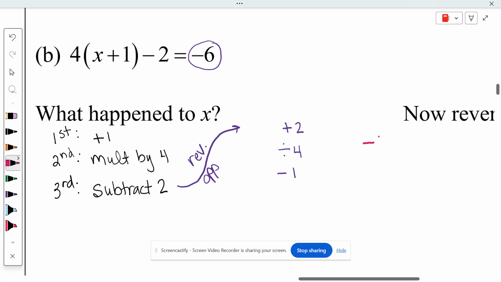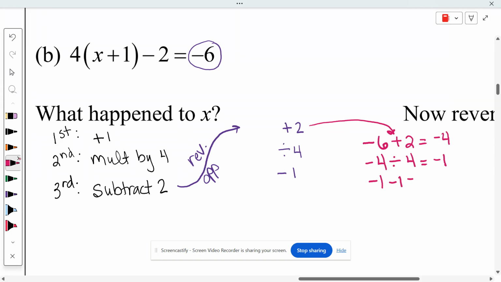So if I take negative 6 and I add 2, I get negative 4. If I take negative 4 and divide it by 4, I get negative 1. If I take negative 1 and minus 1, I get negative 2. That means that x equals negative 2.